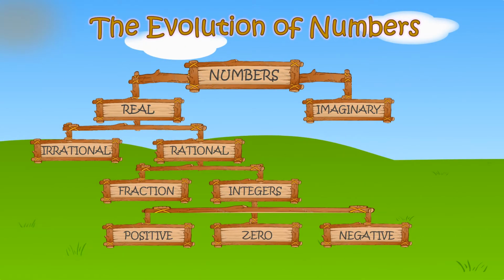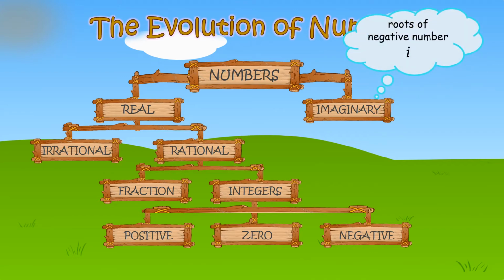I want to take you on an adventure through the worlds of number. Let us start at the beginning. What is the simplest idea of a number? That's right. Number is something to count with. Here is a simple chart about numbers. So numbers is subdivided into two categories, the real and imaginary.